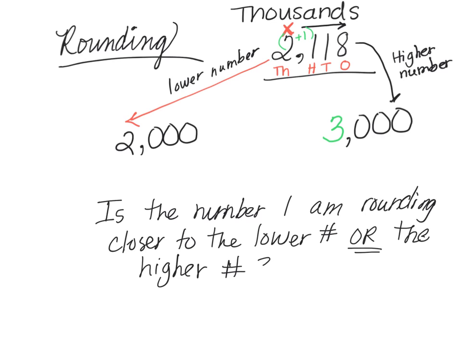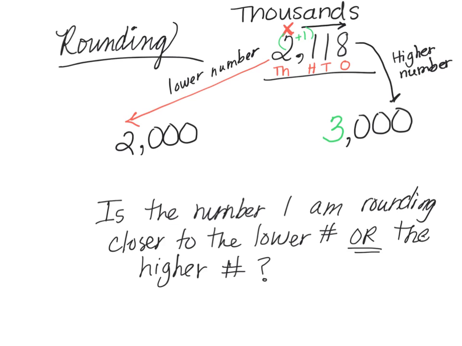So that's the question of the hour. So if I'm looking at 2,118, so remember, this is what I'm looking at here, 2,118. Is that closer to 2,000 or is it closer to 3,000?